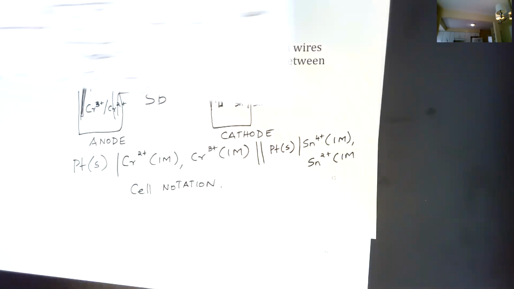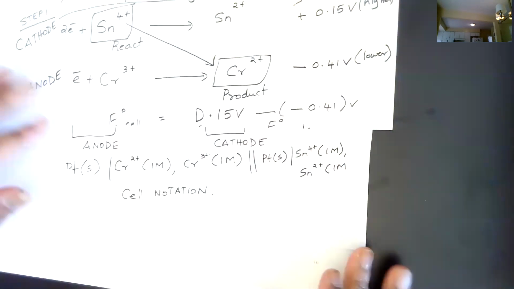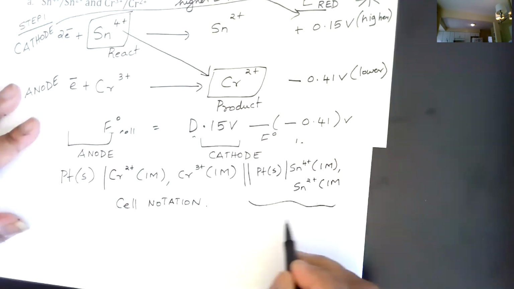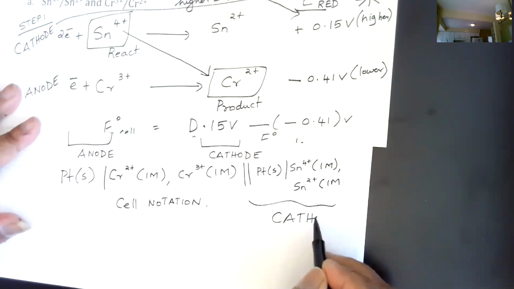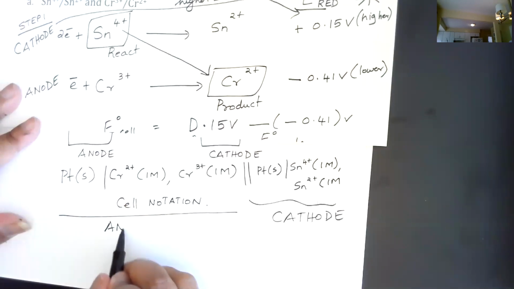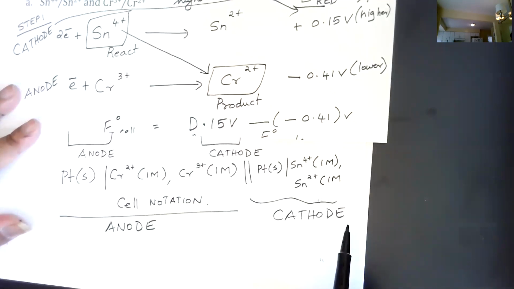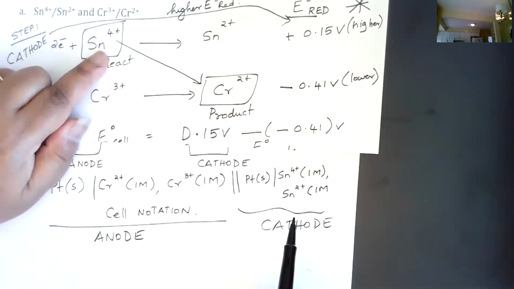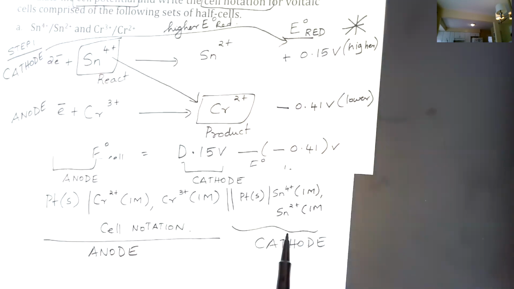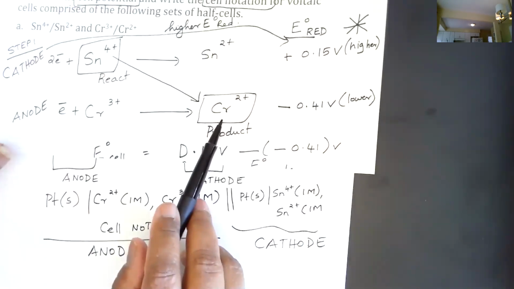Dr. Mary, I have a question. Just a second. So how do you write it? This is the cathode, right? For the cell notation, you have to show the anode first and then the cathode. You see how you've written it? Sn4+ gives Sn2+. And then Sn4+ reacts with Cr2+.